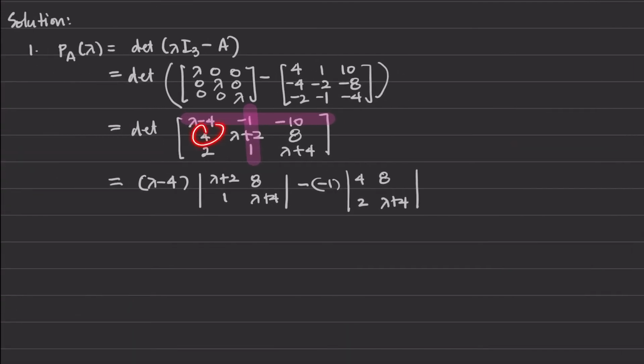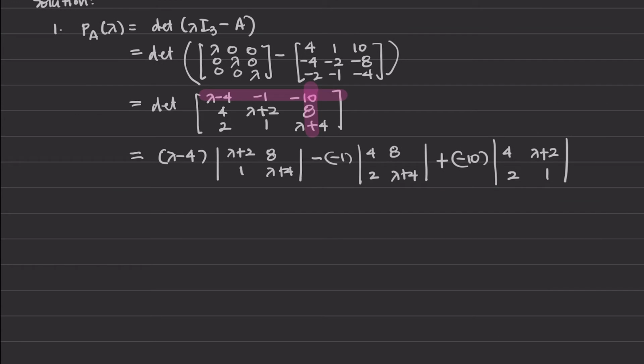So, kinopya ko lang bale ito, no? So, ibig sabihin ng parang absolute value is the determinant. And then, yung huling-huli, plus naman siya. Plus negative 10, determinant ng mga hindi mo natakpan. Okay? So, next line na tayo.